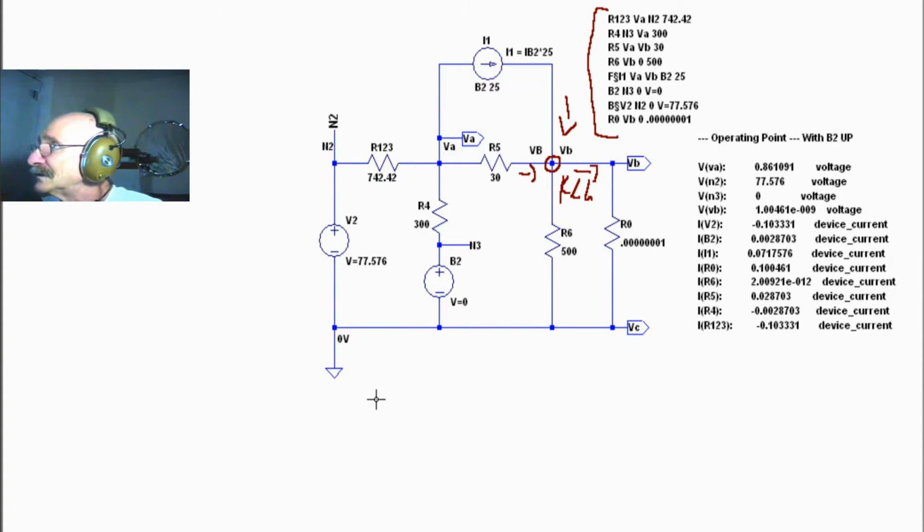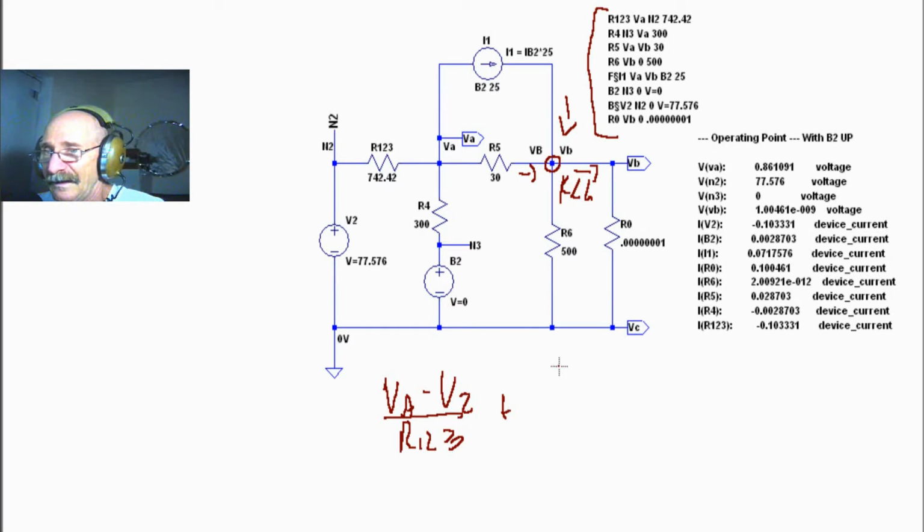And what we have is, again, VA minus V2 divided by R123, plus the next one is just going to be C times VA over R4, which is this current right here, whatever's going out, right?